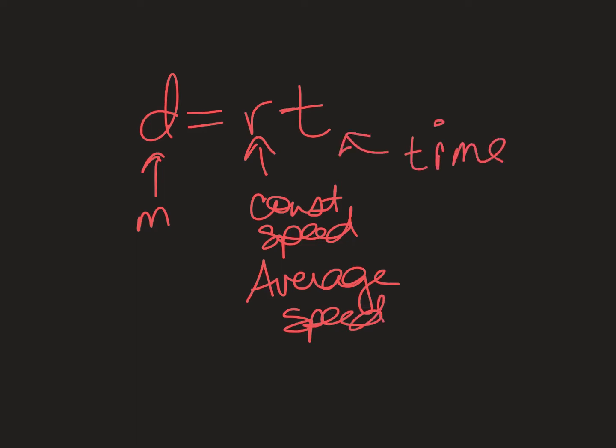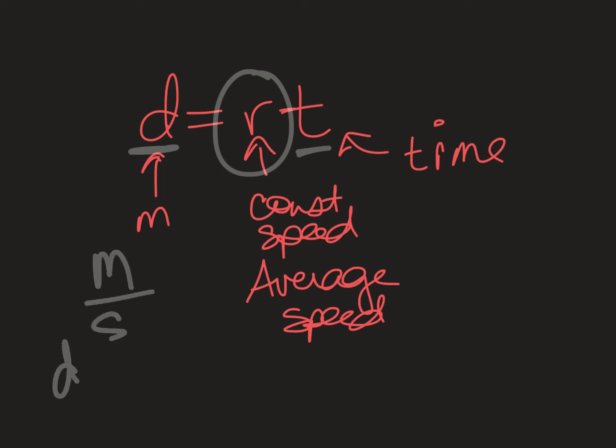One of the things we need to make sure is that the units in our rate have to match the units in our distance and the units in our time. So if our rate is in meters per second, then our distance is in meters and our time is in seconds.